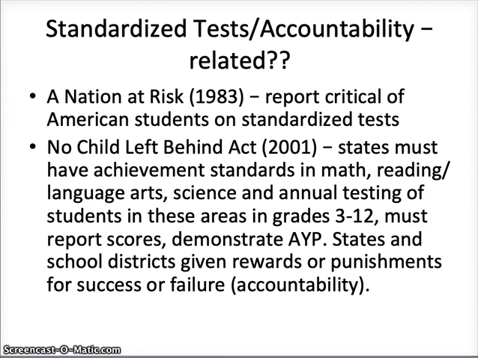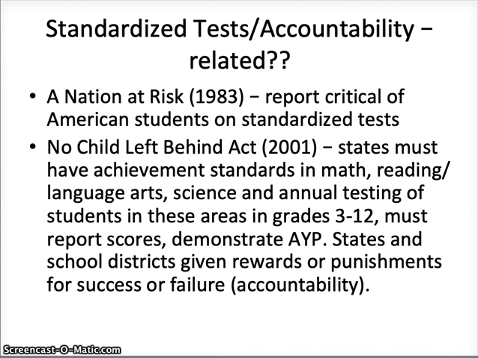The No Child Left Behind Act was in 2001 under President Bush. It was federal legislation that said states must have standards for math, reading, language arts, and science achievement, and that they must annually test students in grades 3 to 12 in these areas to show that they've met these achievement standards. The states were also required to report the scores and demonstrate what we call AYP, which is known as adequate yearly progress.